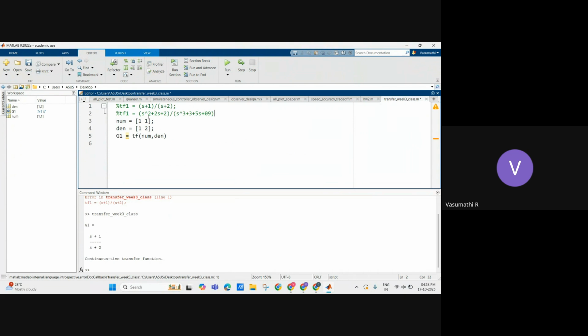If you want to write this kind of transfer function that is not factorized, this method is easy. You just write the coefficients as they are: 1 2 2, and 1 3 5 and 9. That's it. See, it will come as it is.